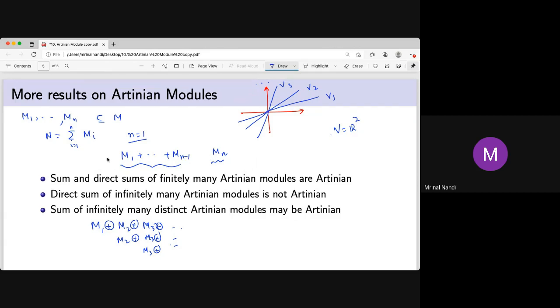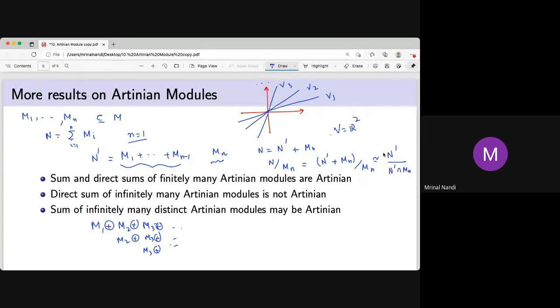So take this as N dash. Then your N is actually N dash plus Mn. Assume N dash is Artinian, Mn is given to be Artinian, and you have to show N is Artinian. Now what is N mod Mn? This is N dash plus Mn quotient by Mn, and this is isomorphic to N dash by N dash intersect Mn, by the third isomorphism theorem.